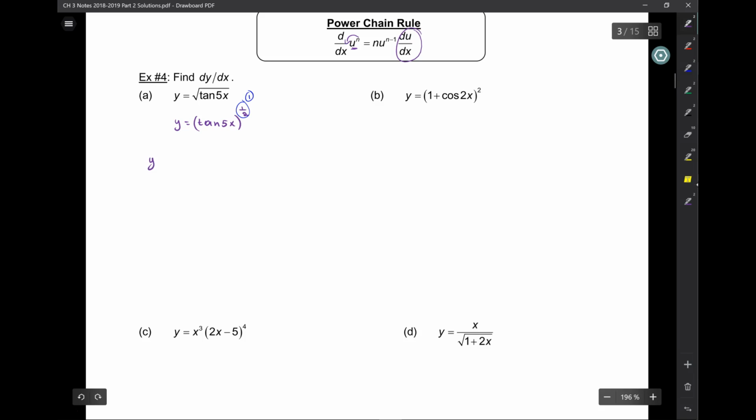So y prime is equal to 1/2 tangent 5x to the negative 1/2. Then next, it's the tangent, so it's secant squared 5x. And whatever you're done with, take a derivative. Then times 5.